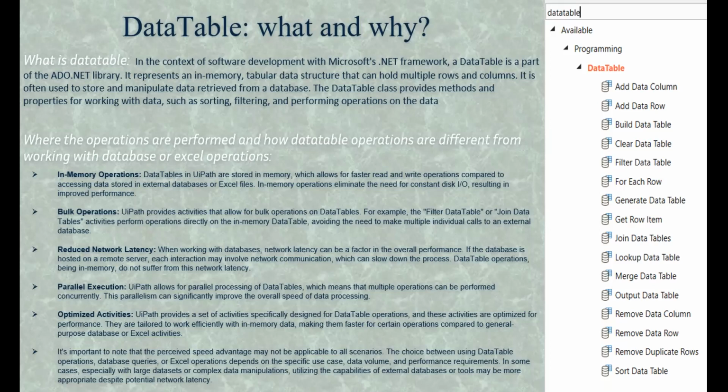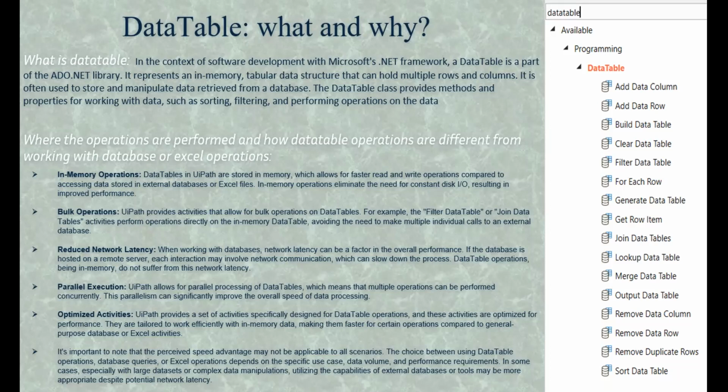Okay. Again, reduce network latency. When you are performing any operation with a database or Excel file, there is a possibility of network latency. Suppose you are working with a database. There is a chance of network latency, which means you have a very bad network.